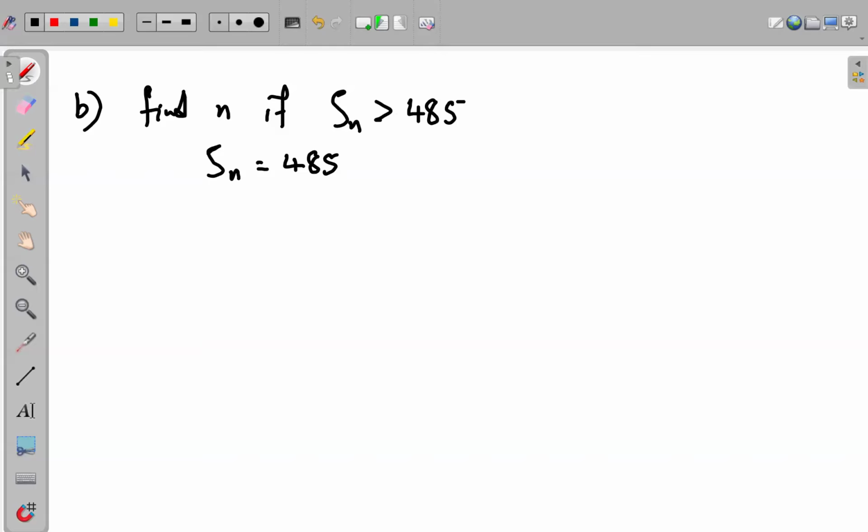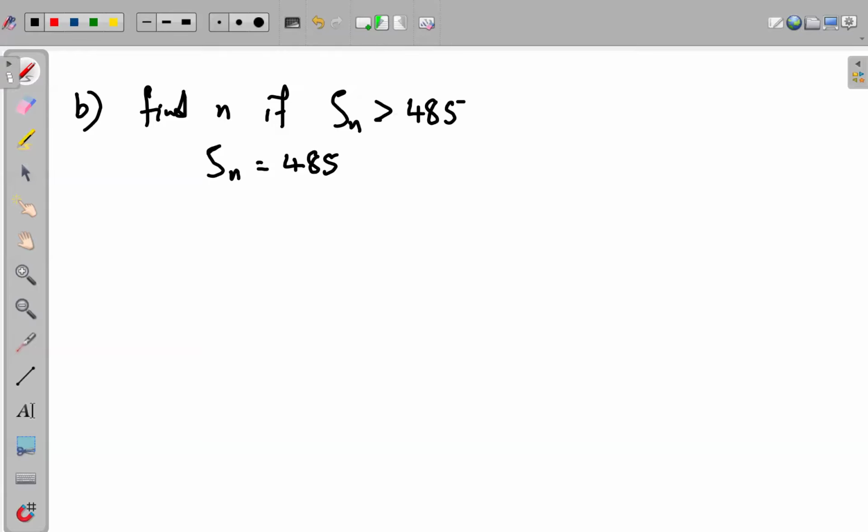If 12 terms will give me 485, then surely 13 terms will give me something that is bigger than 485. Are you with me? It's the same thing even if they asked less than. You would always start with the equality part. Where do I get equality?